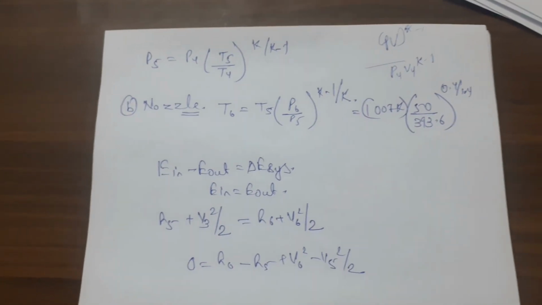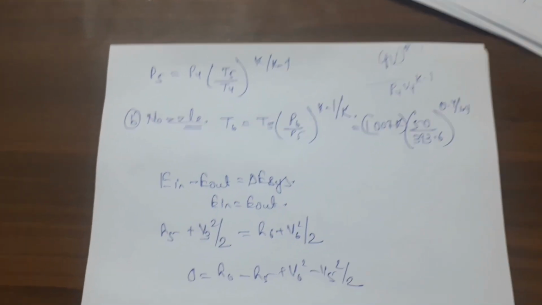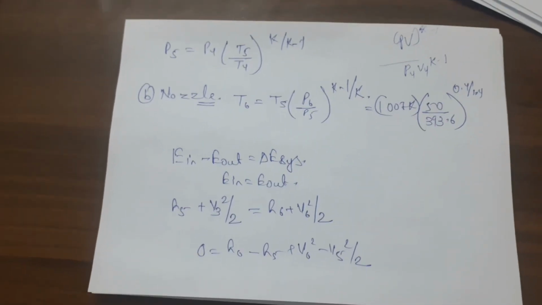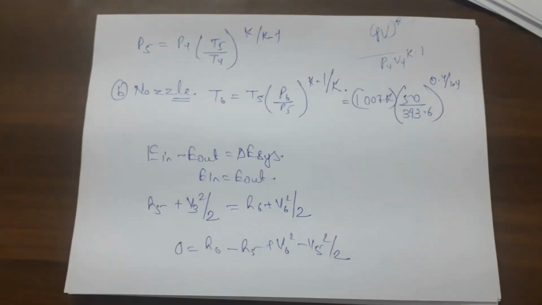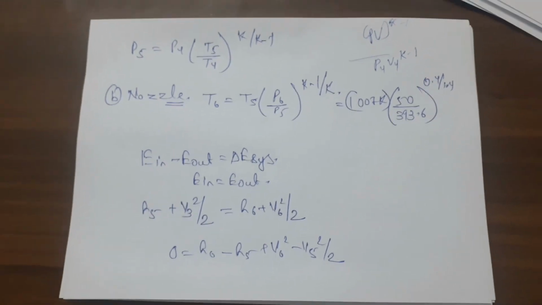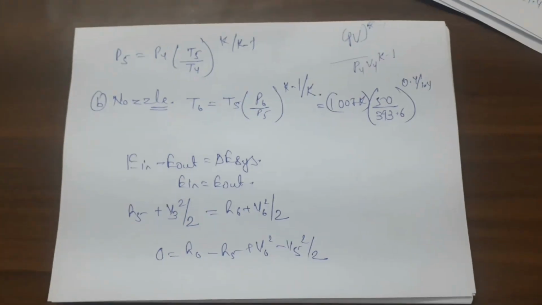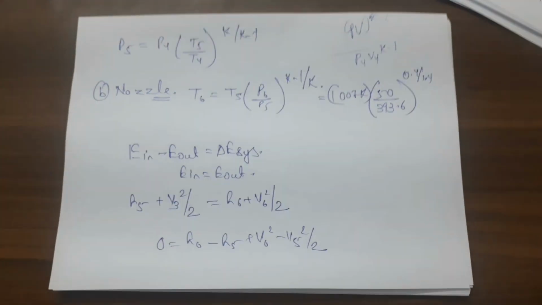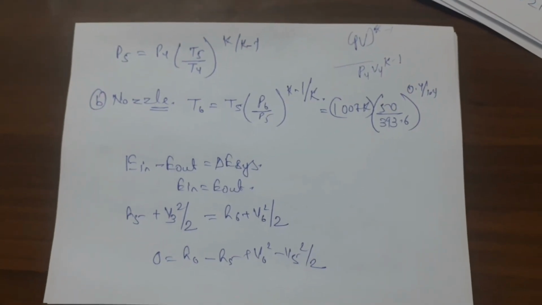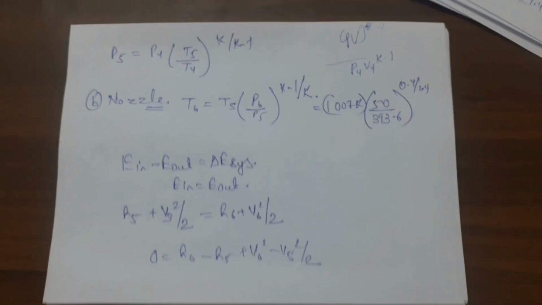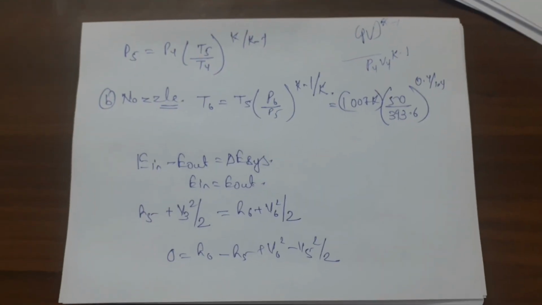If we remember one relation, we can find the PV relation, the TP relation, and the VP relation. These six relations we can easily determine by remembering any one relation and replacing it using the ideal gas equation, PV equals nRT. Suppose we have to replace T, we replace it by PV. If we have to replace P, we can replace it by T by V. Like this we can replace every value given in the question.